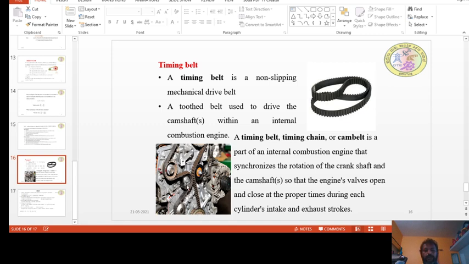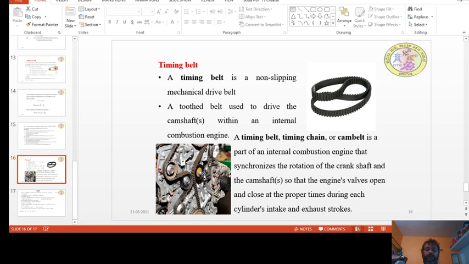Let us say one is the crankshaft, another maybe a lubricating oil pump, another a radiator, and another to operate the camshaft. So power from one pulley has to be passed to all the various pulleys that are arranged in an irregular manner.